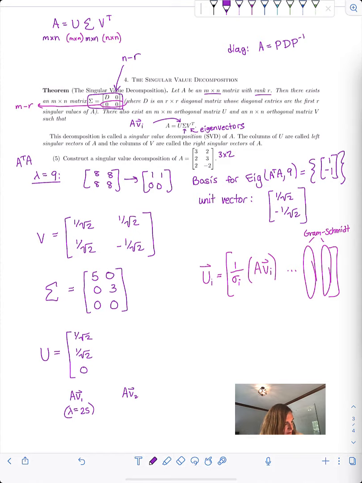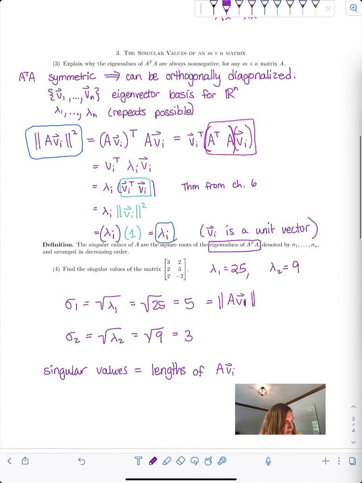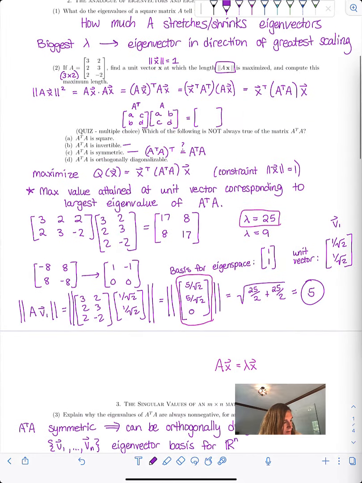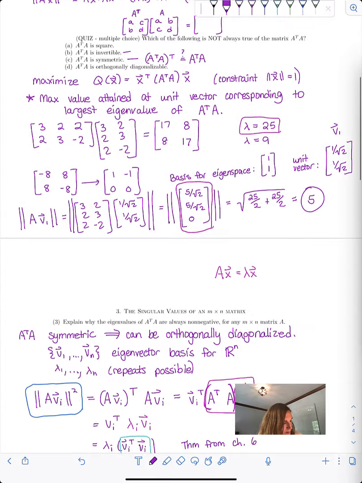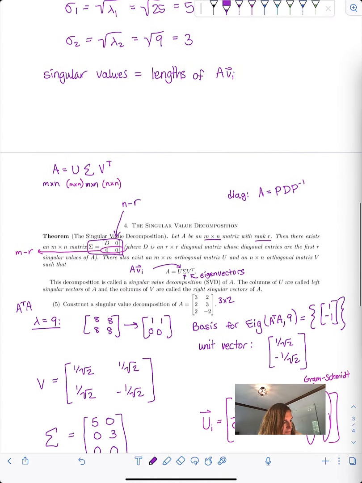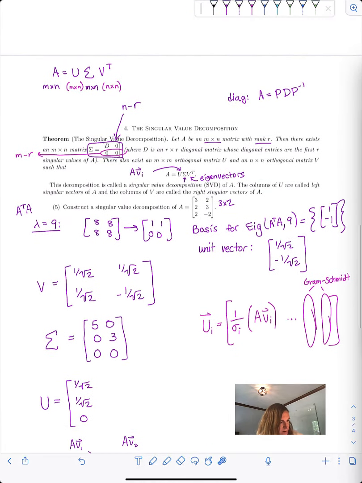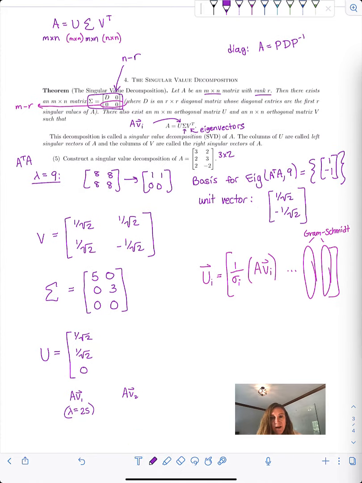You do the same process that we did up here, so we take our unit vector and we multiply it by A. So here is our unit vector for Av_2, and I'm just going to go ahead and write down what we get: 1 over 3 root 2, negative 1 over 3 root 2, and 4 over 3 root 2.